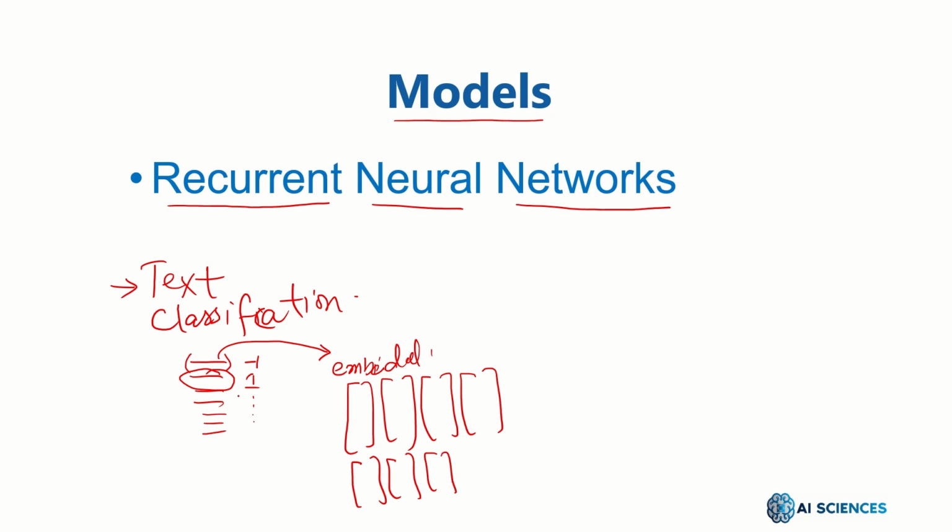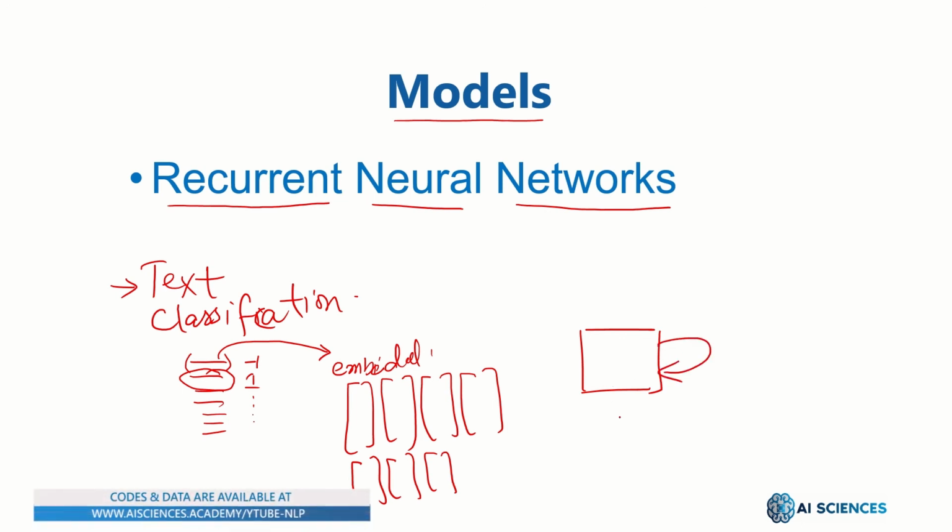Now, because the length of input and output varies, the best choice here is a recurrent neural network. So we will build an RNN model, and we will give it x_t, which is the embedded vector, and we will compute y_t.